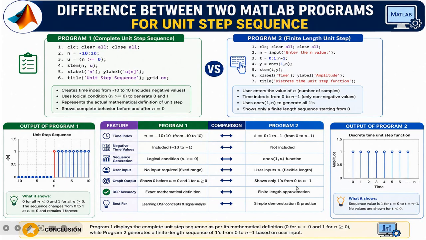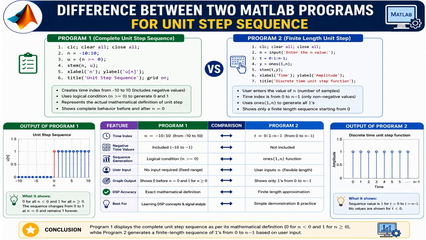Since the negative time values are not included in this program, the graph starts directly at 0 with amplitude 1. Therefore, this program does not show the transition from 0 to 1, and it represents only a finite sequence of ones. And this is the comparison table, you can see it. Okay, so this is about the program on unit step sequence.